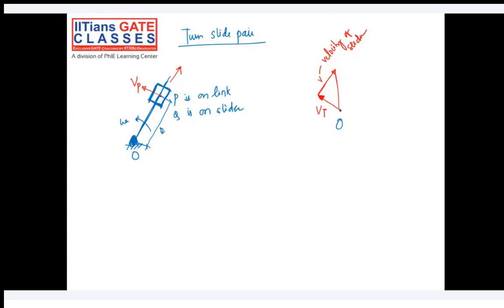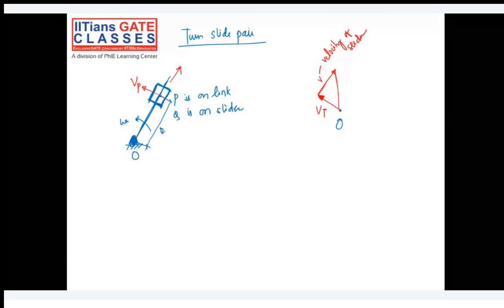So you can call it the resultant velocity. Now this is point P and Q, and this was our O.